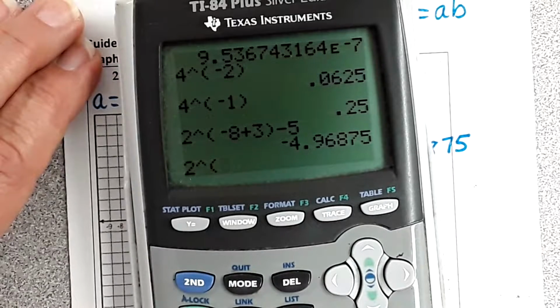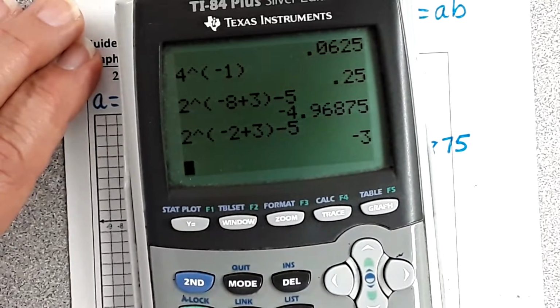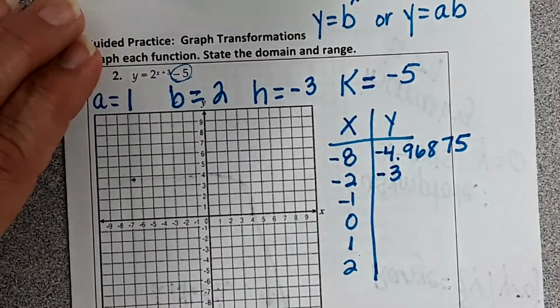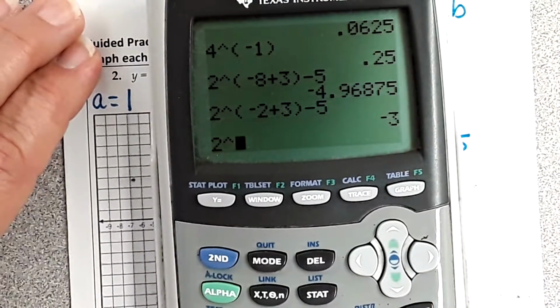What was the next one? -2 plus 3 minus 5. Did you guys get -3? Okay. 2 raised to -1 plus 3 minus 5.